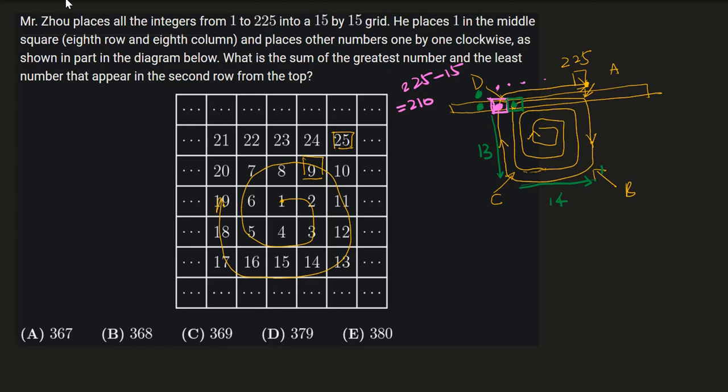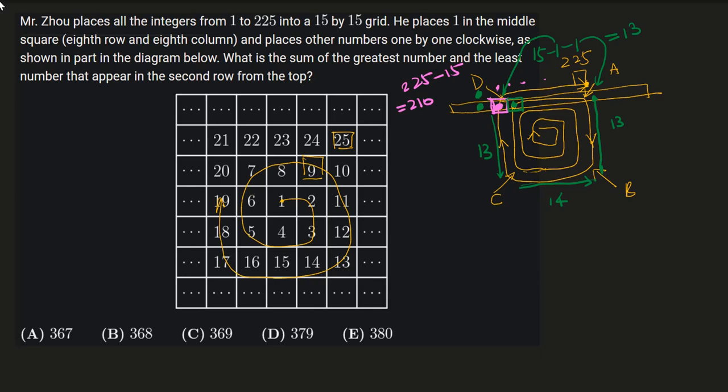And then another 13 numbers all the way to the second row. We have 13 numbers in this direction. And up to here, on the very second row, we have 15 minus 1 and minus 1. One is from this number, and the other is from this pink number. Therefore, this equals 13.